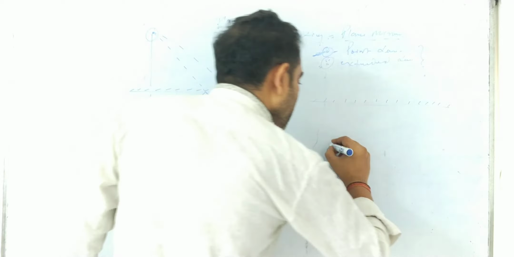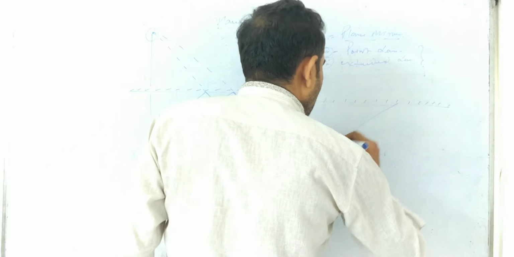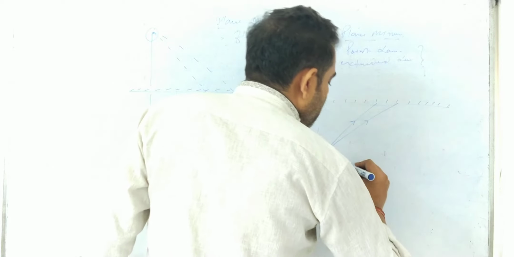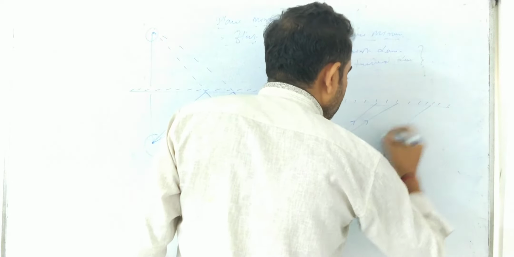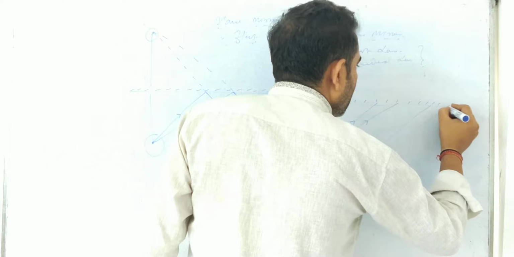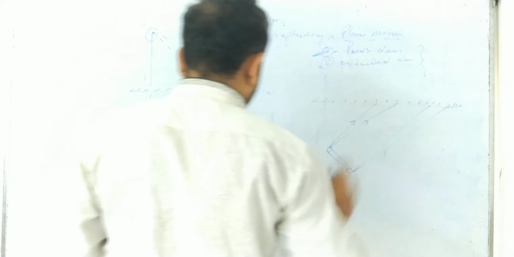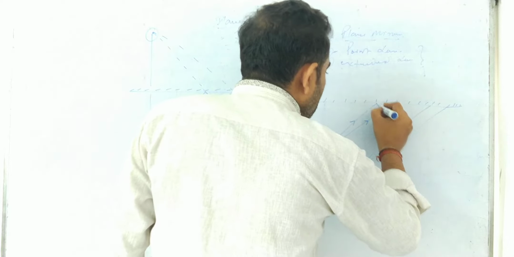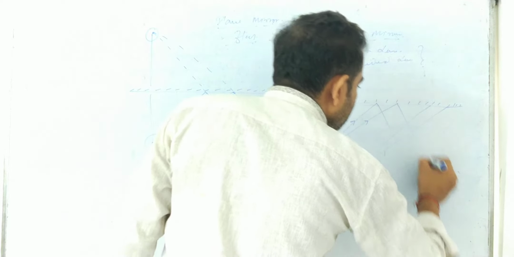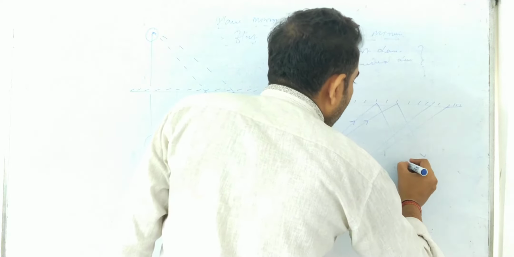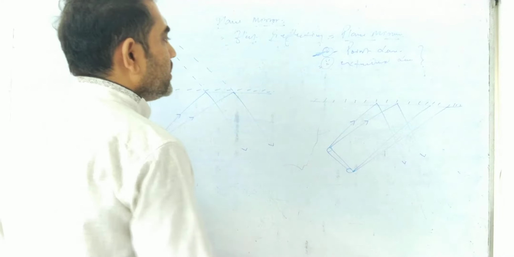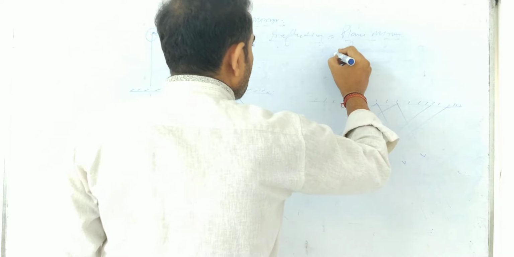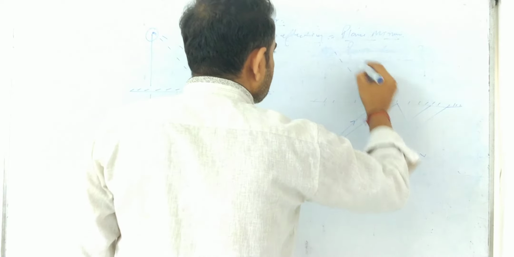So the two rays of light from this point, after reflection, and the two rays of light from this point again we have taken. So after this they will get reflected. Now after reflection they will never intersect each other. So I am going to produce them backward.